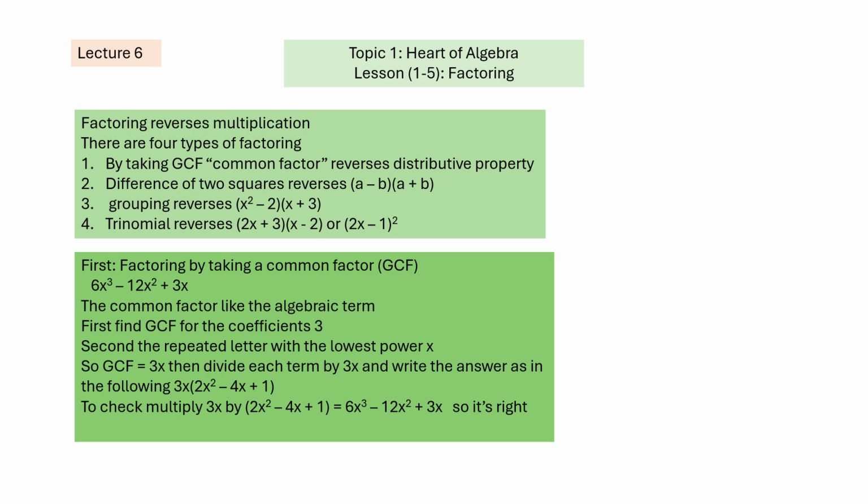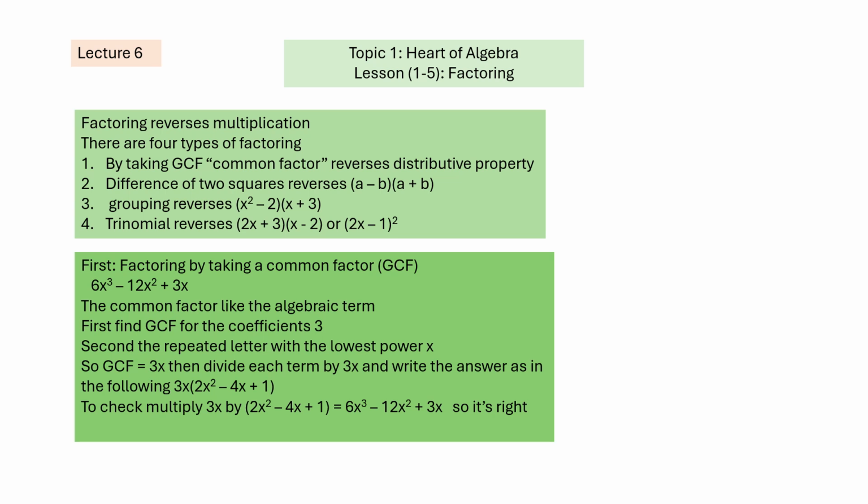Look at the numbers and see which number all of the coefficients are divisible by. So 6, 12, and 3 are divisible by 3. Take care, the highest one. This is the greatest number which 6, 12, and 3 are divisible by, 3.